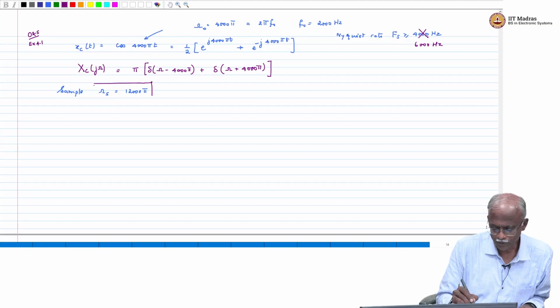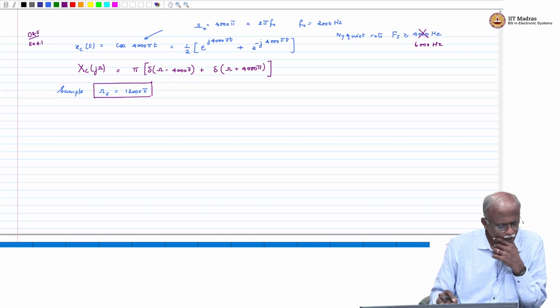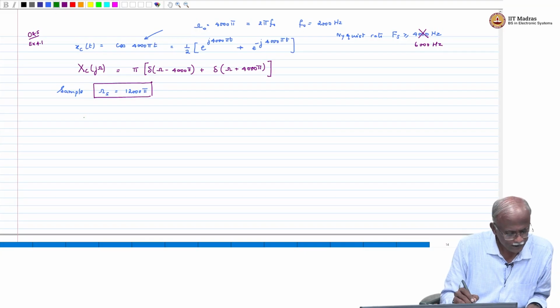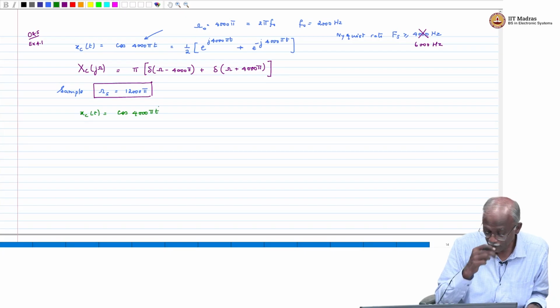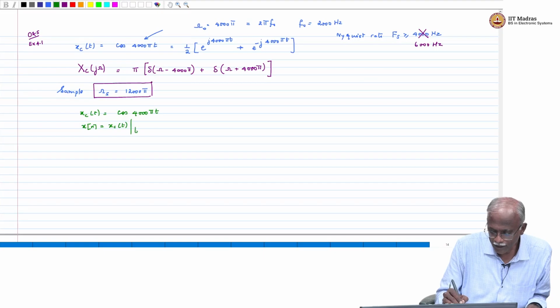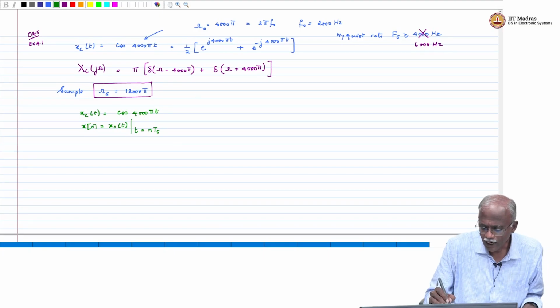Okay, I hope you are able to see what is happening here. All right. So when you do this, what happens? You have xc of t, which is cosine 4,000 pi t. The discrete time signal is obtained by taking the continuous time signal and sampling it at a period Ts, and Ts is equal to 1 over 6,000.